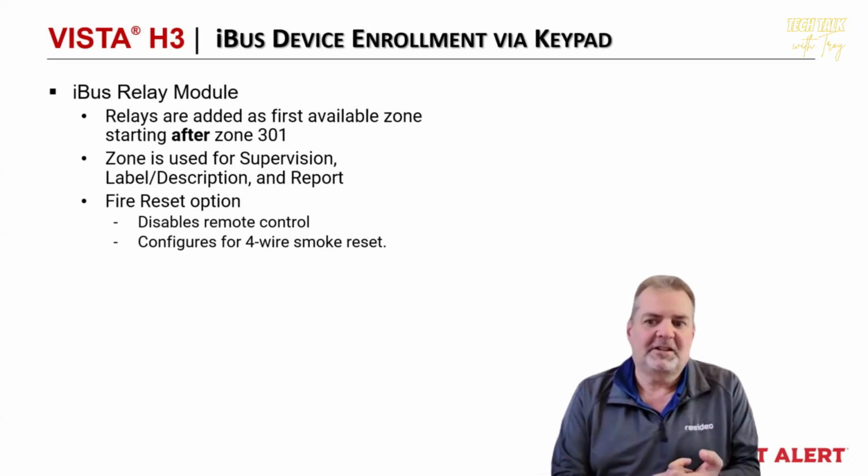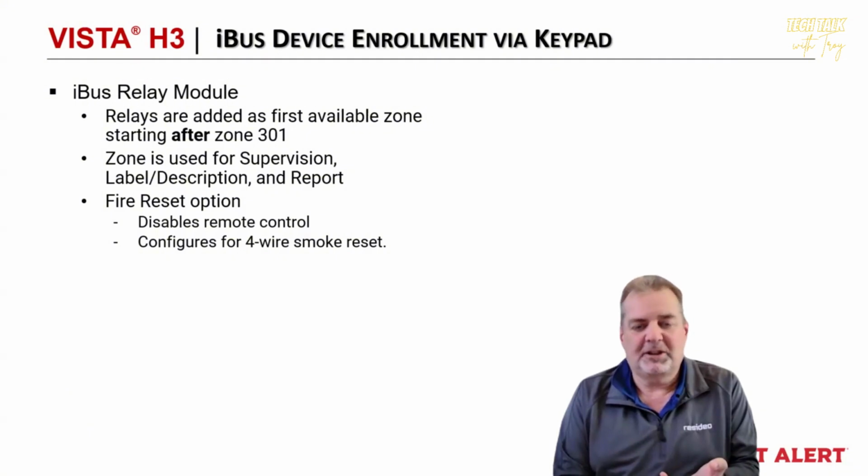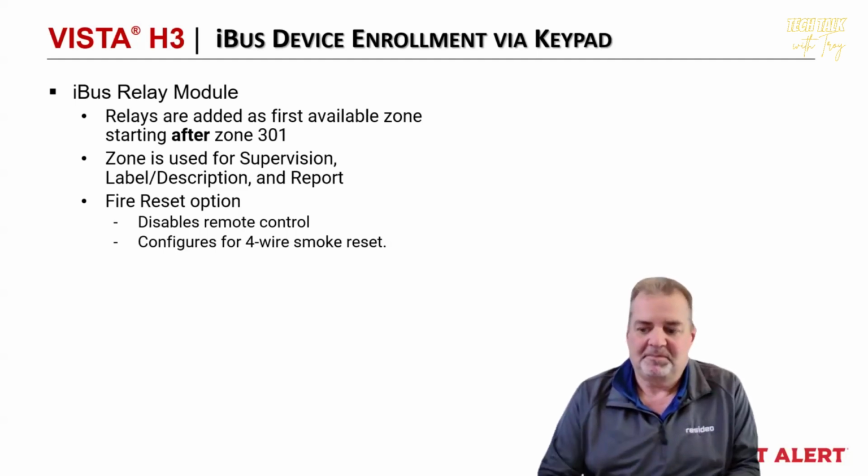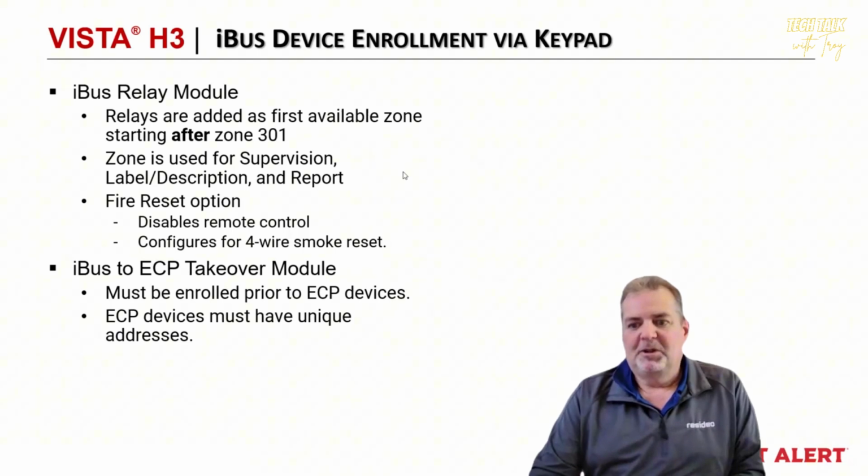When you do that, it's going to disable remote control from Total Connect, disable remote control from the touchscreen of that device, and it's automatically going to configure in the background programming for smoke reset, 4-wire smoke reset.